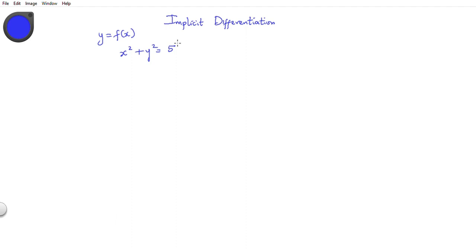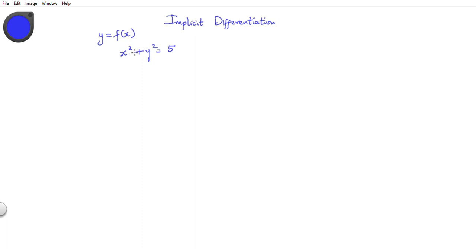But then fine, implicit differentiation is here to solve this kind of question. Then how do we do it? Well, it is actually straightforward. All you have to do is solve it the same way you solve the normal differentiation.